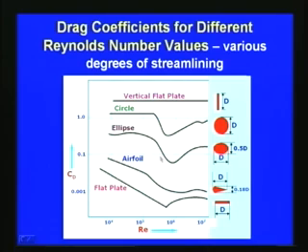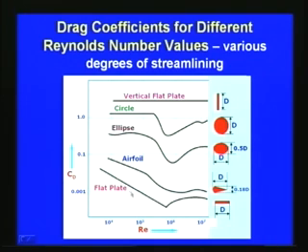This is the case for the ellipse. For the streamlined body like the airfoil, when the Reynolds number increases, the coefficient of drag keeps decreasing, with only a small change when the Reynolds number increases further in this range for an airfoil of this shape.